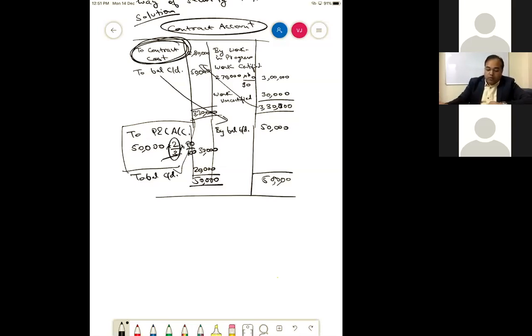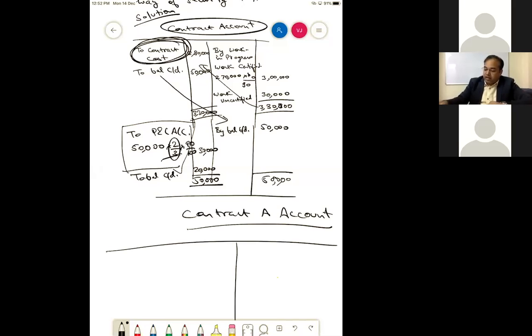So while calculating your cost, that is your contract cost, now I'm taking a sample so that you are more clear.